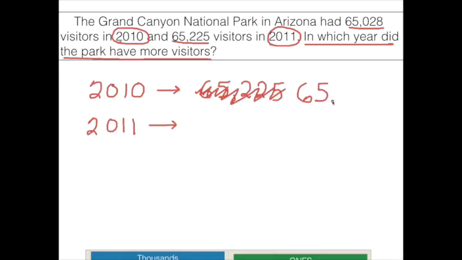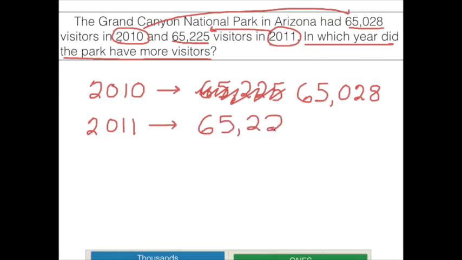So be very careful when you are pulling those numbers from your word problem. One little mistake like that could change everything. So in 2011, it was this. In 2010, it was that. So it's 65,225.